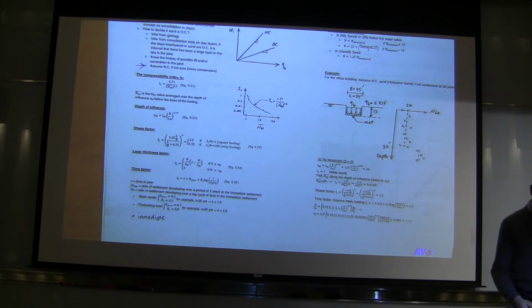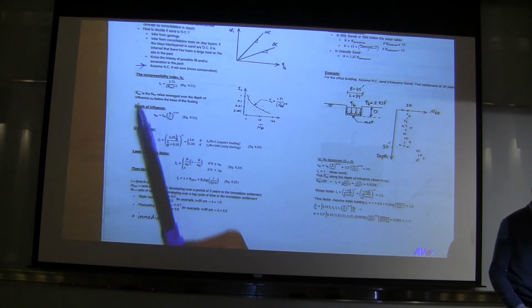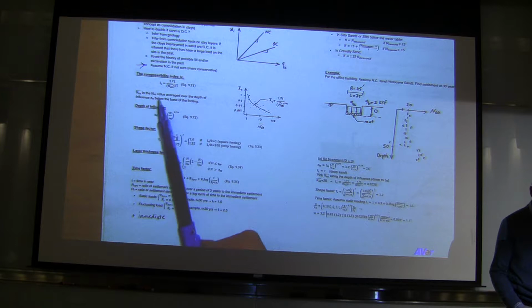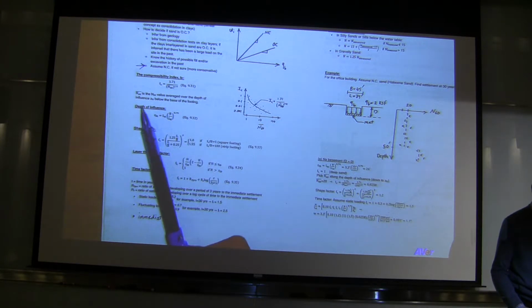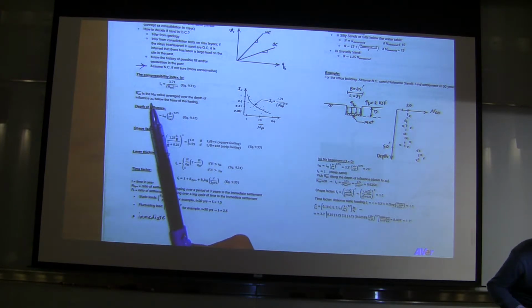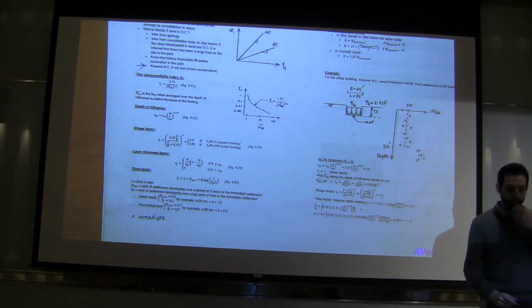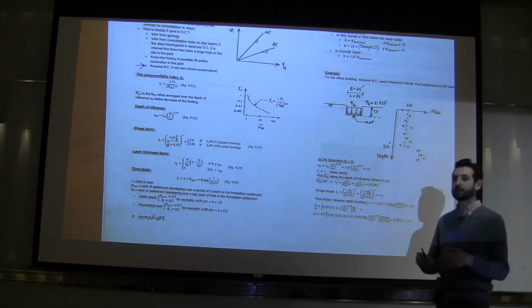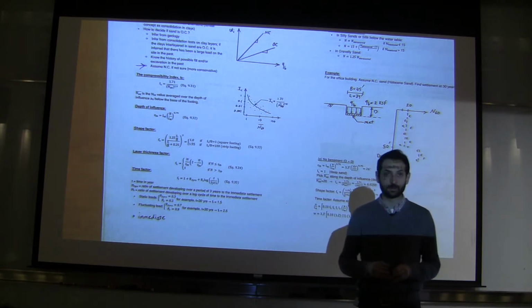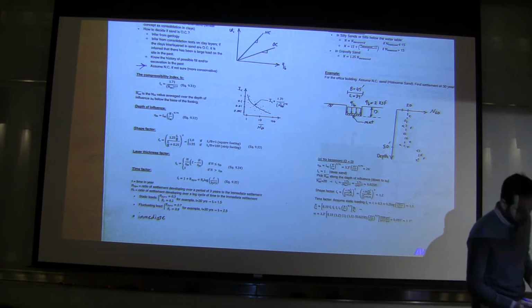Alright, so we said I sub c is based on N60 bar, and N60 bar is the N60 value averaged over the depth of influence, or ZF0, below the base of the foundation. So how do we measure depth of influence? Well, obviously we measure it with this equation.